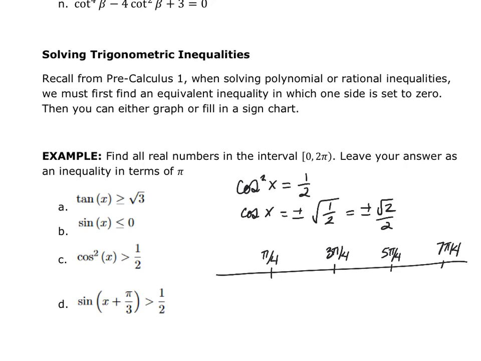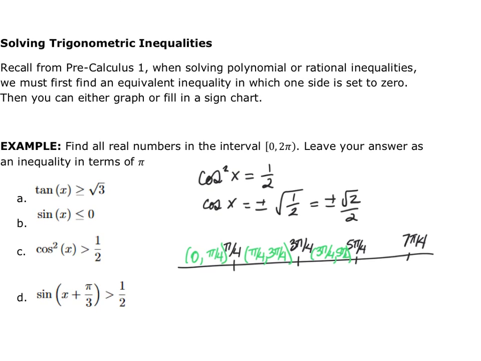All right, so after we broke this up into its different regions, I have the interval between 0 and pi over 4, the interval from pi over 4 to 3 pi over 4, from 3 pi over 4 to 5 pi over 4, 5 pi over 4 to 7 pi over 4, and then my last one from 7 pi over 4 to 2 pi.